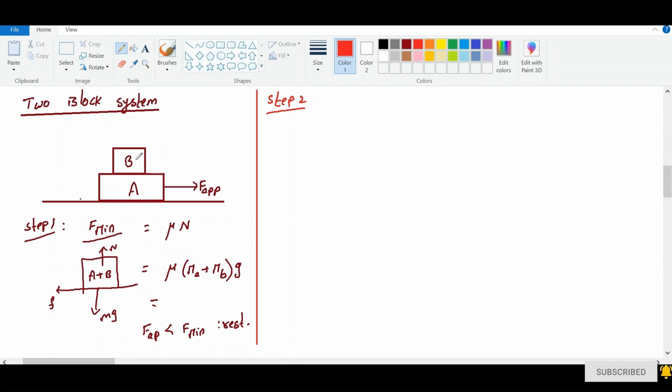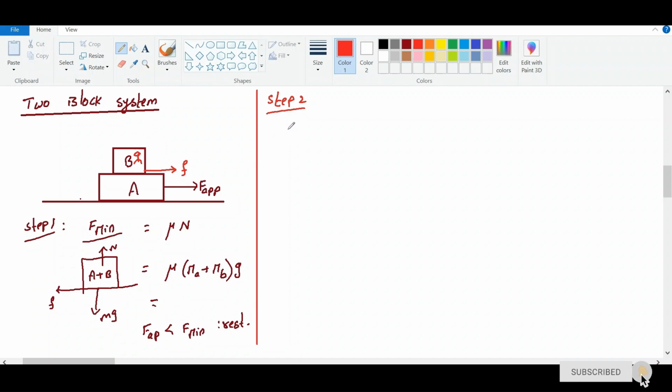It appears to us in bus B that we are moving back, and friction does not like that. The relative motion between A and B is that block B is moving back, so the friction will act front. So this friction pulls block B.